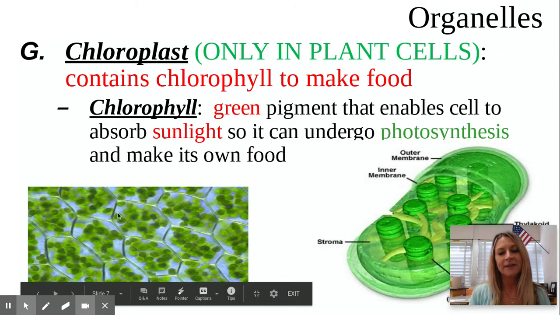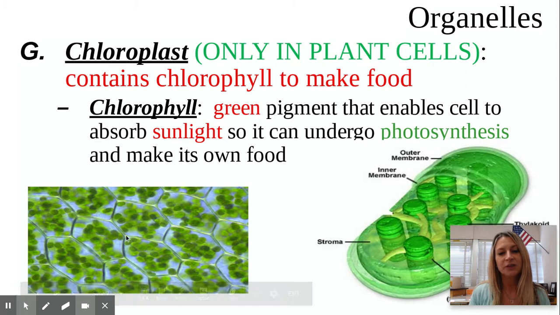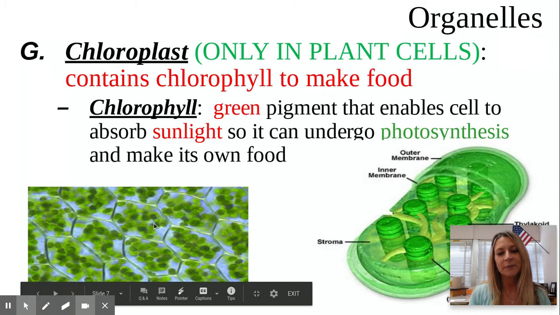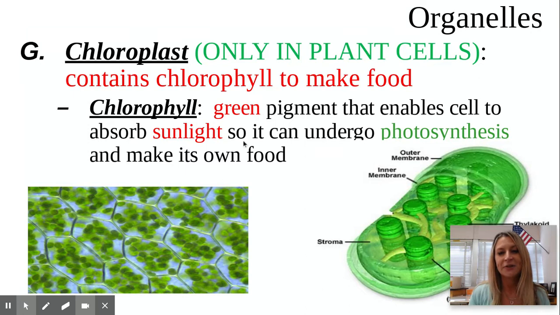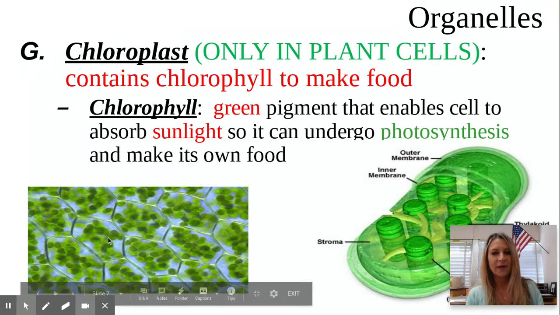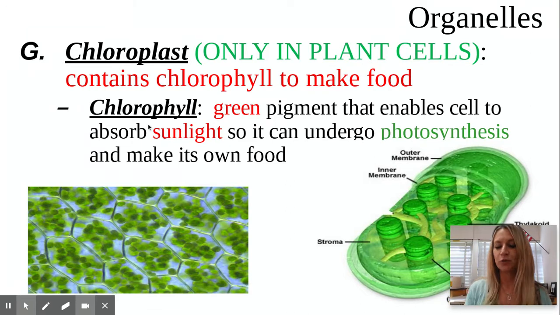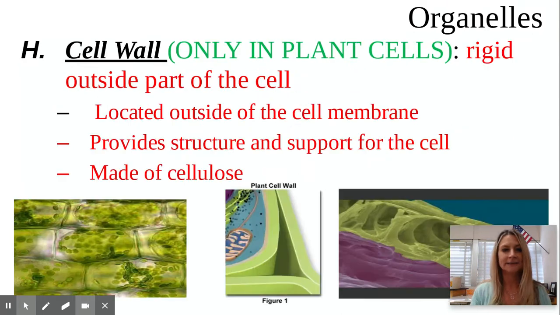If you were to turn the light on this microscope, these would actually start to move through the cytoplasm because they seek light. Okay, and again, captures light, enables them to absorb it, to undergo photosynthesis. Think capture, photo, picture. Okay, all right, so those green machines are only in plant cells.